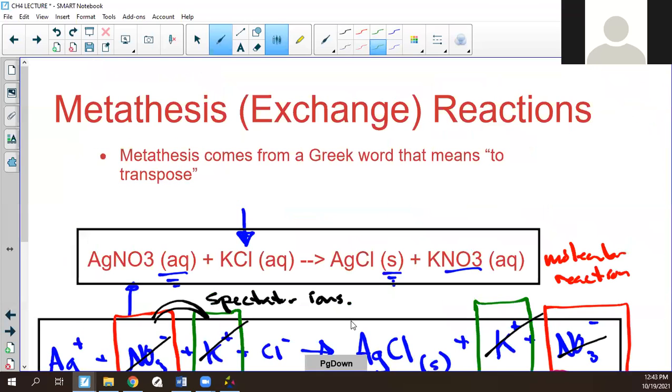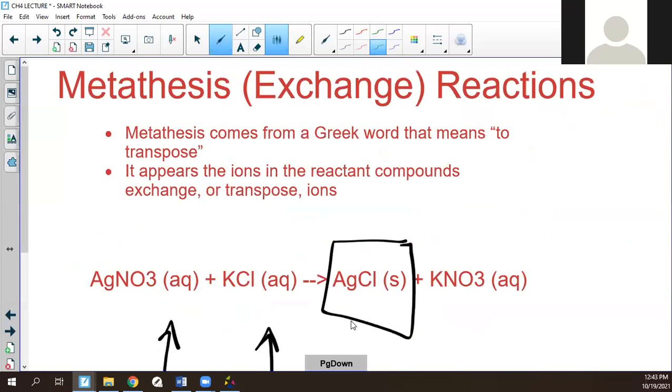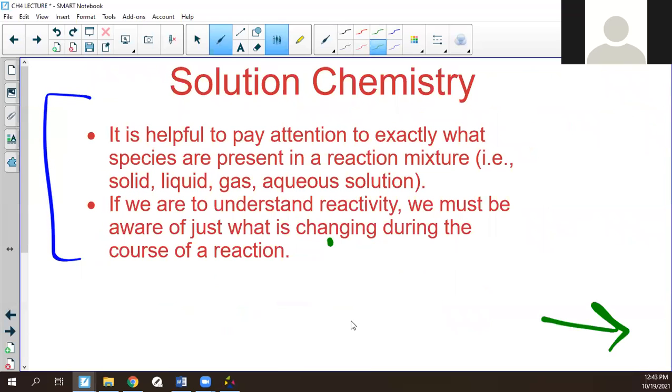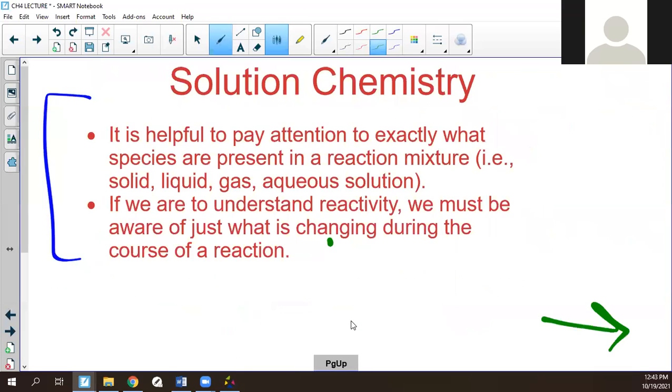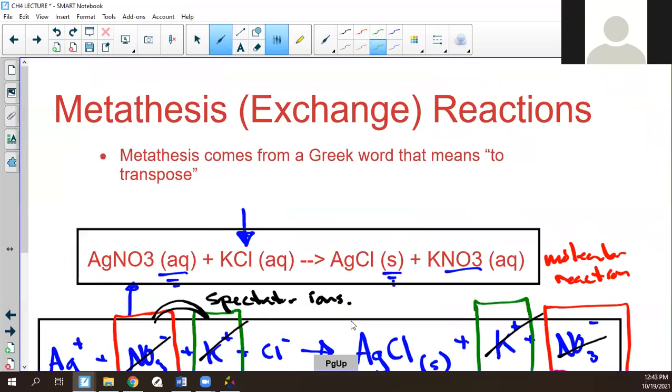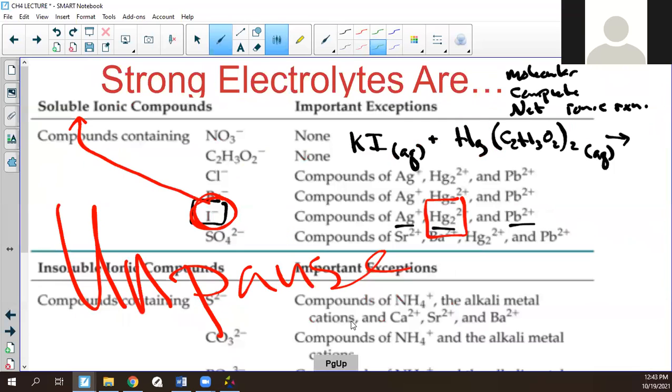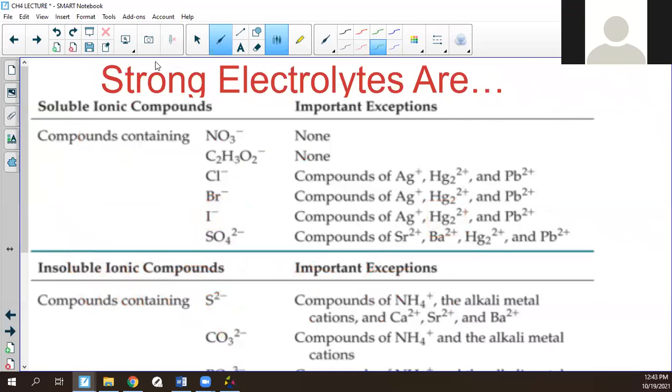No, this is it. I want another example, but I guess we'll just have to write one. All right, I have KOH plus aluminum nitrate.